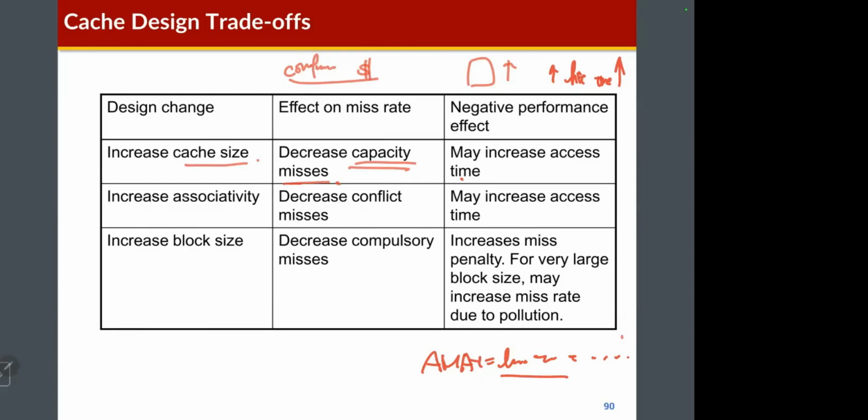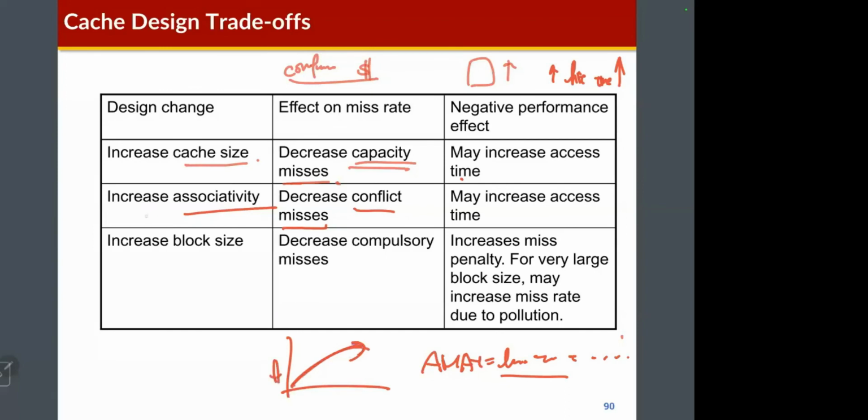Also we can increase the associativity in cache. If we increase the associativity, then we can decrease conflict misses, because we already learned that if the set associativity is increased, then the miss rate is reduced.